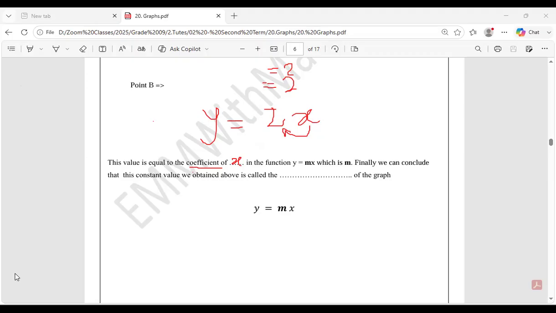Finally, we can conclude that this constant value we obtained above is called the gradient of the graph. So that's how you are going to obtain the gradient of the particular graph.